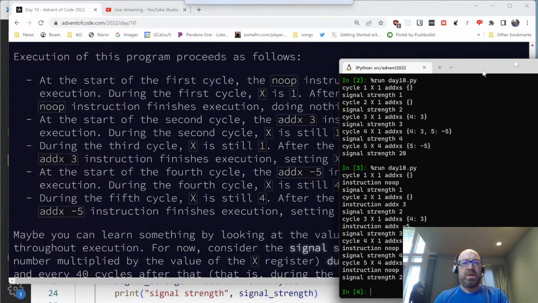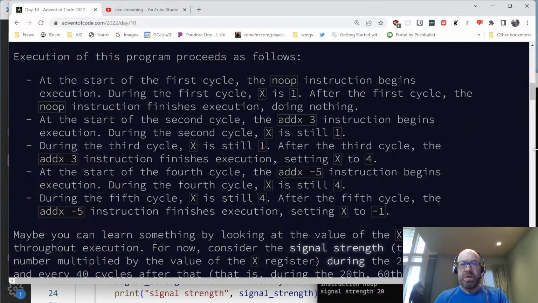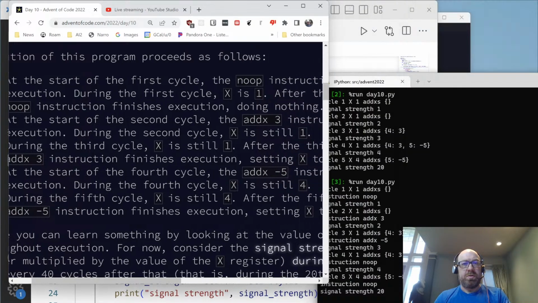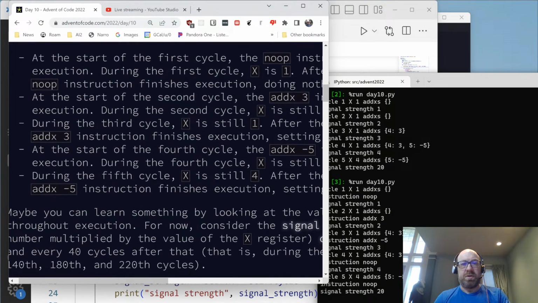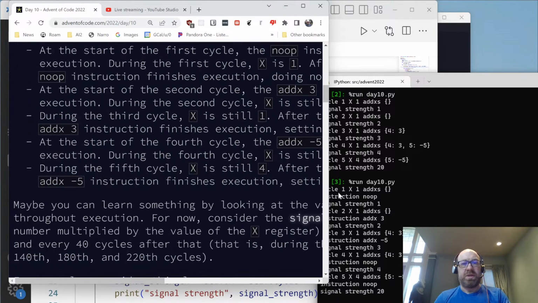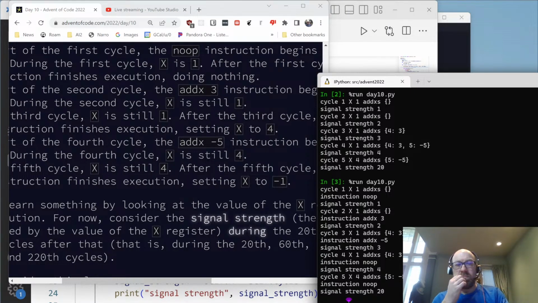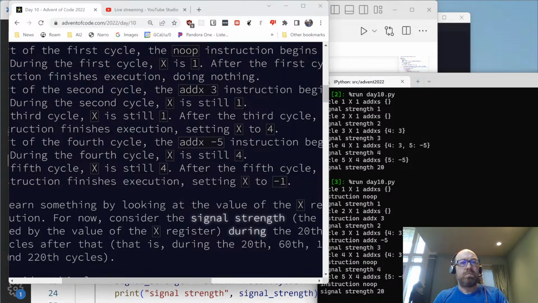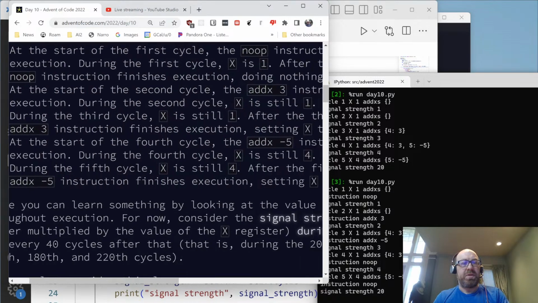Okay, so at the start, the noop instruction begins execution. During the first cycle, x is 1. After the noop, doing nothing. At the start of the second cycle, the addx instruction begins execution.